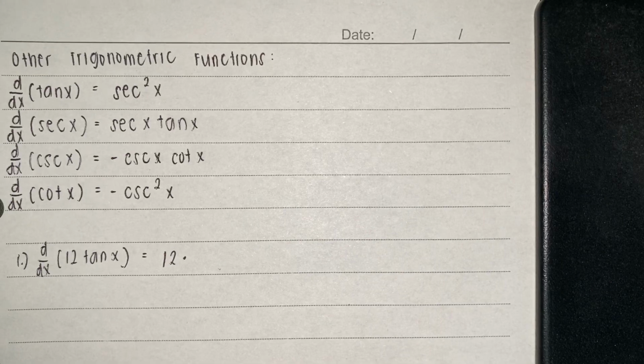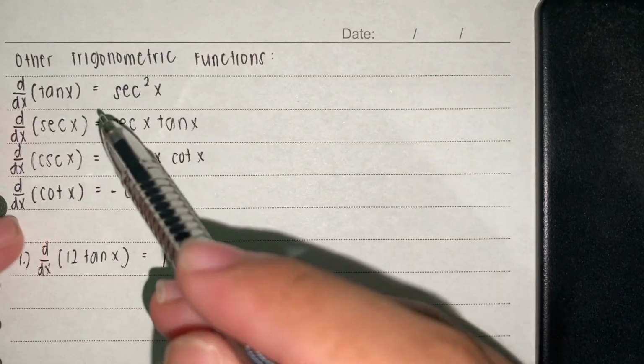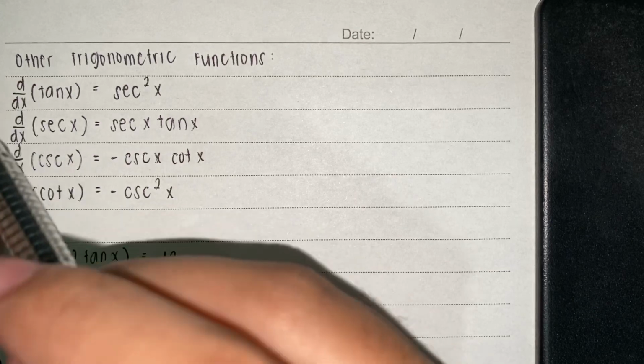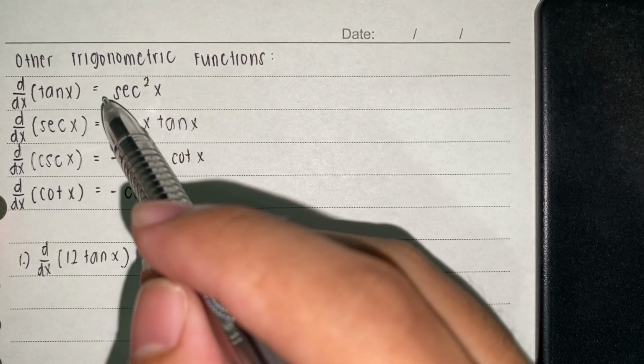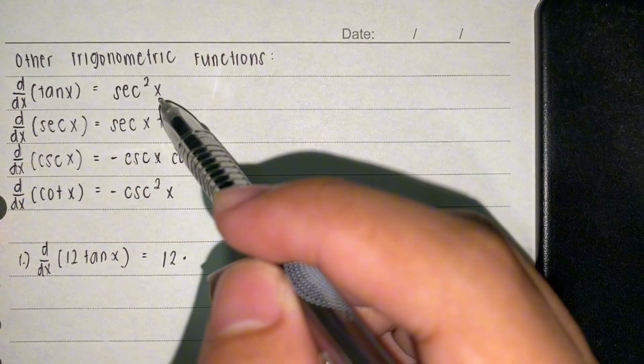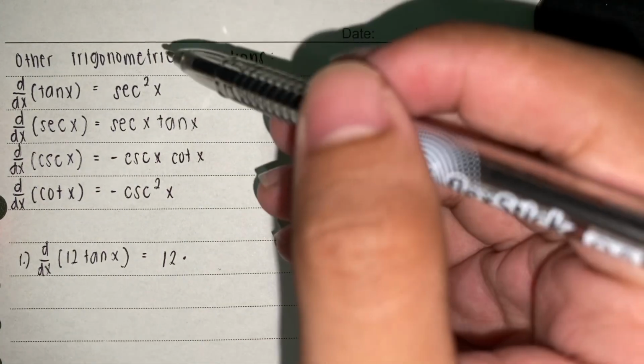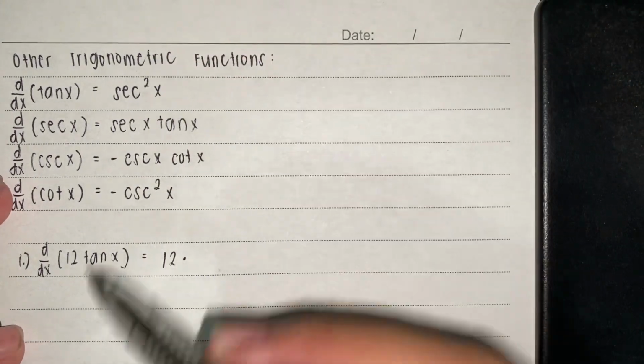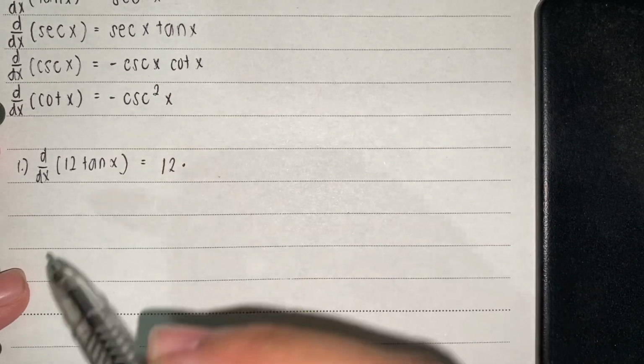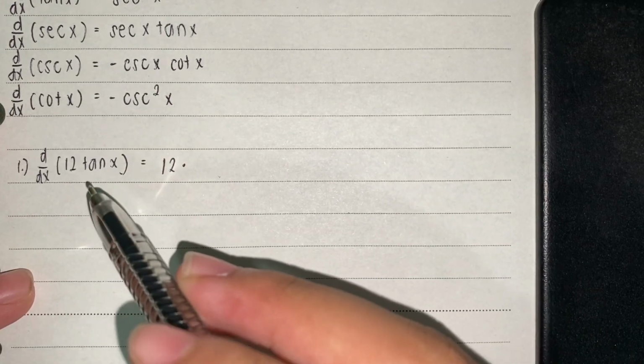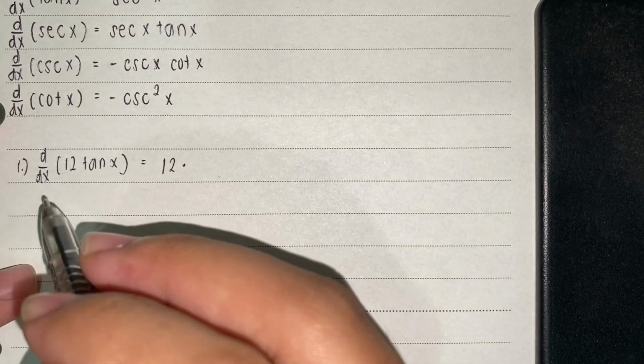For the first trigonometric function, it is the tangent. The derivative of tangent x is equal to secant squared x. Let's give an example.